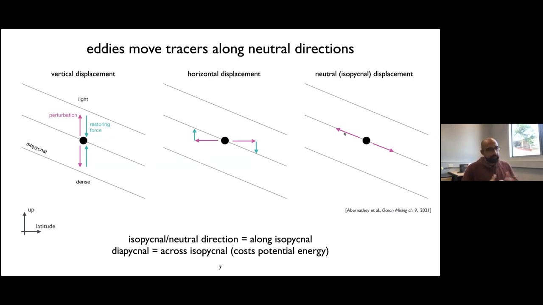In other words, moving a fluid parcel in that direction does not require paying any potential energy, so it's much easier to move fluids along surfaces of constant density. And that's, in essence, what eddies are doing. They are moving and mixing tracers along surfaces of constant density.